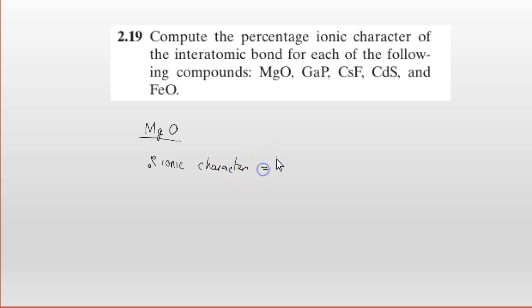Notice that that is equal to 1 minus the percentage covalent character, and hence is equal to 1 minus e to the minus 0.25 times delta E squared.